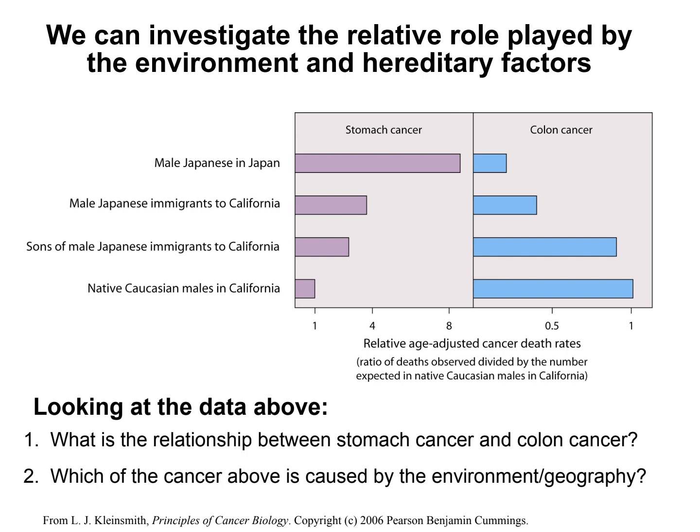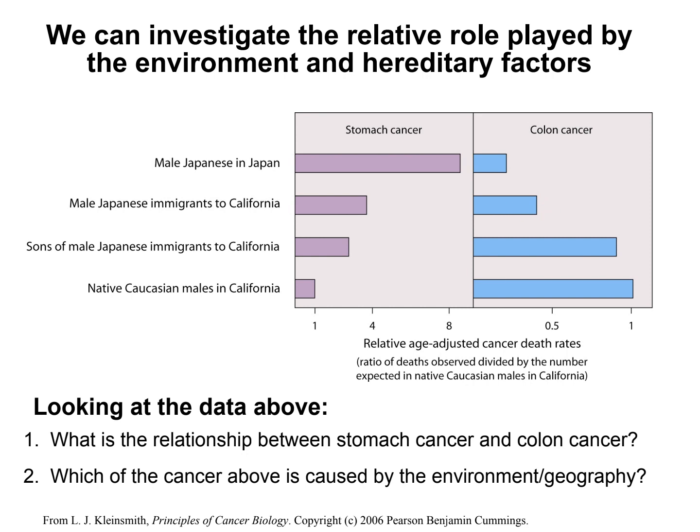And then looking at colon cancer, we see that there's a lower rate of colon cancer in males that live in Japan, but that rate does increase in male Japanese immigrants to California. So it did increase after they moved, right?